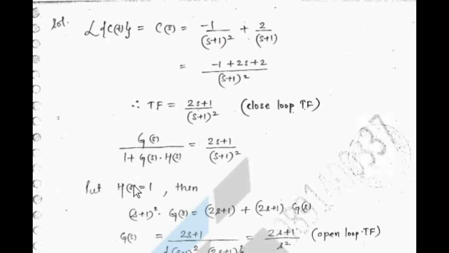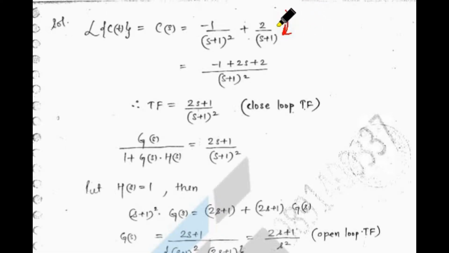With respect to the analysis part, in the question they have described that c of t is equal to minus t e to the power minus t, like this. So now for that time domain function we are going to apply the Laplace transform.